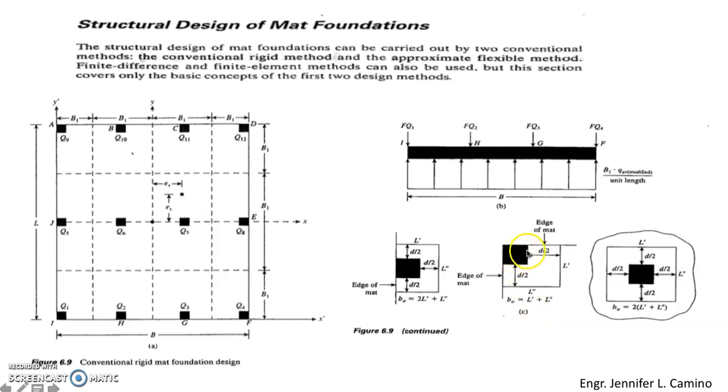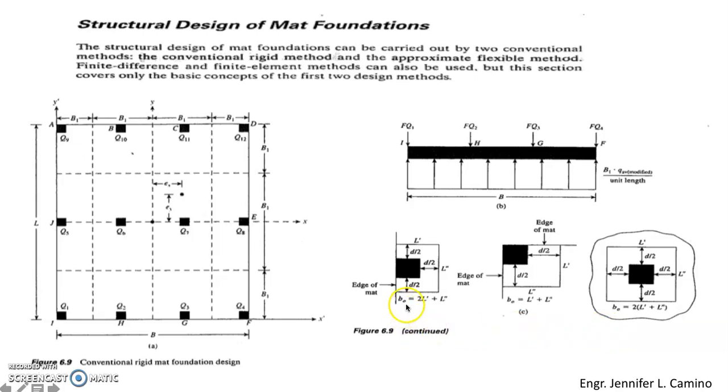Critical perimeter column. This is another illustration. This is the edge of the mat. So this is how it illustrates our critical perimeter column. For the critical internal column, this is how it is illustrated.